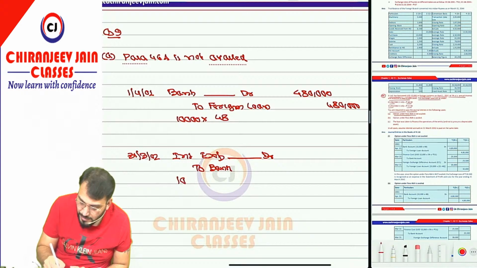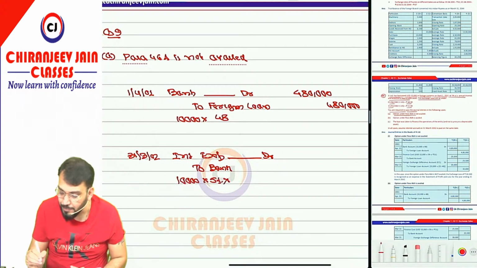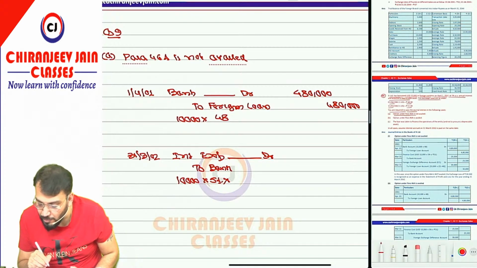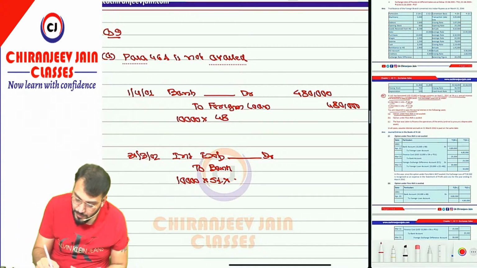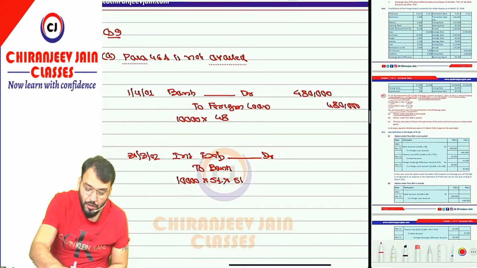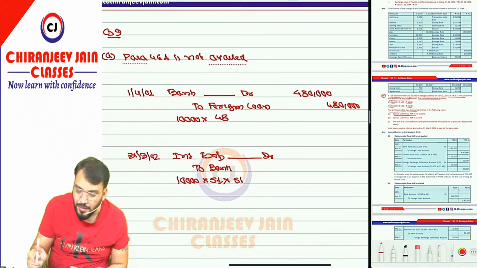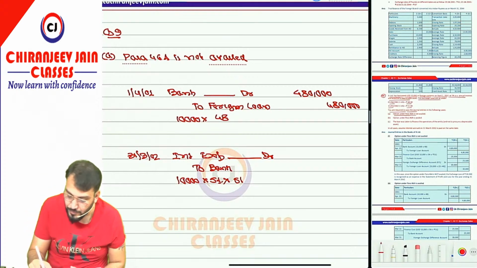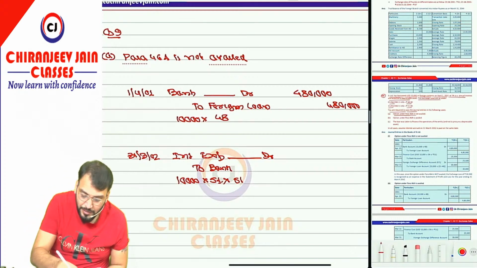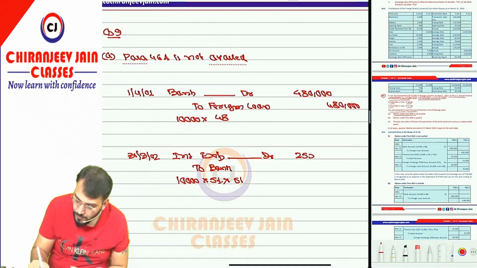So that will be 10,000 into 5%, and payment will be done based on 51, the exchange rate on that date. 10,000 into 5% into 51 comes to 25,500. Understood?